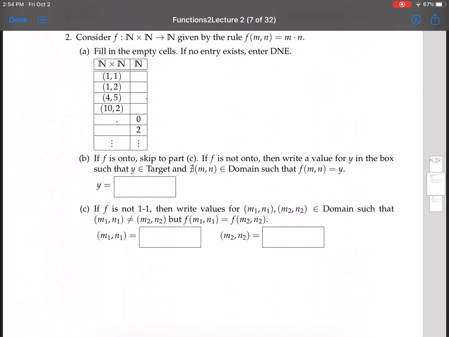Okay, here we are with functions 2, example 2. Right here we have a function from N cross N over to N. Remember, N cross N is the set of all ordered pairs where the first coordinate is a natural number and the second coordinate is a natural number.